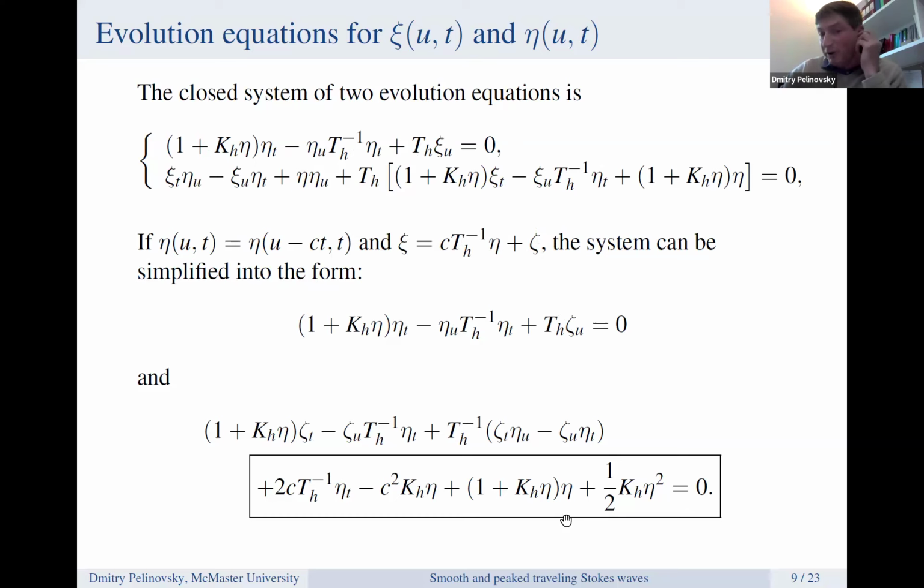However, in this long second equation, we can see a remarkable structure which is placed here in a box. First, we see all the terms of the Babenko equation, which would define the profile of the traveling wave without any truncation. And we can see the first order evolution, which is closed on the same surface elevation variable as the Babenko equation.